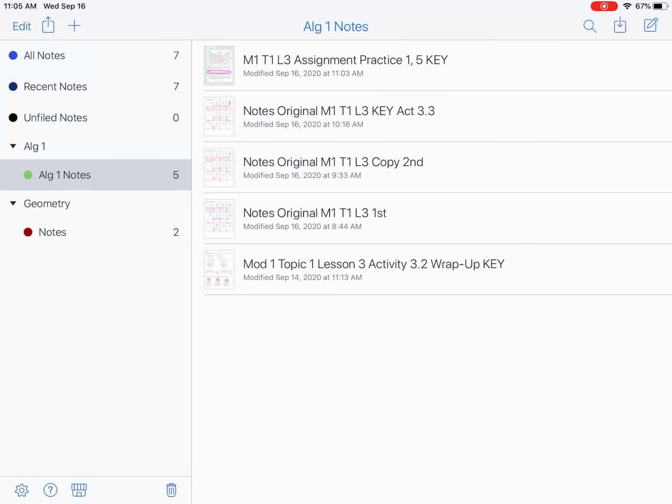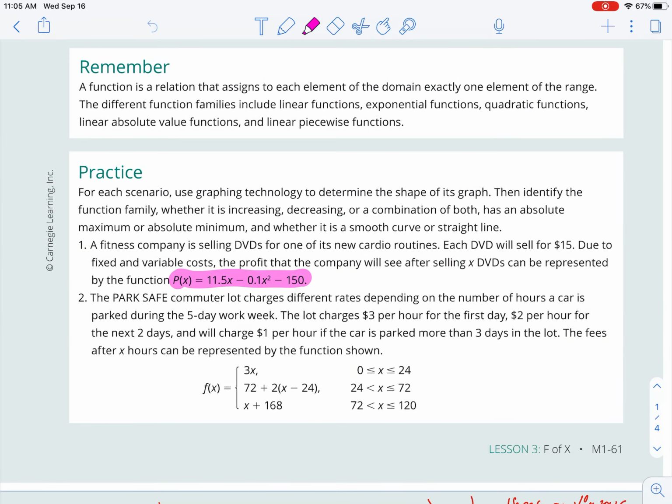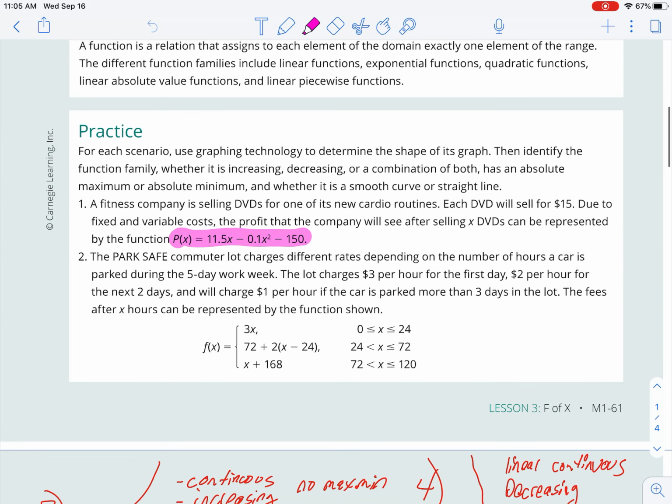So I'm going to switch it back over to our assignment today. And let's see, here's where I was at. So we ended up with not a lot of room here. I'm going to do number 1 right here. We ended up with a graph that looked like that, okay? Now, this turns out to be, again, what we call a quadratic, and we could have answered that already.